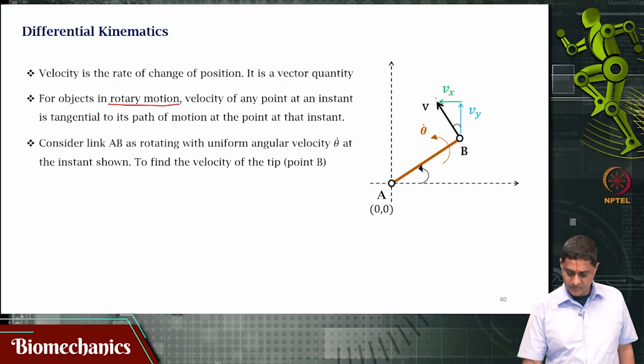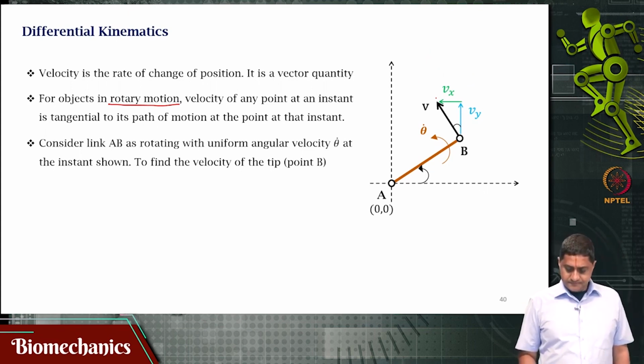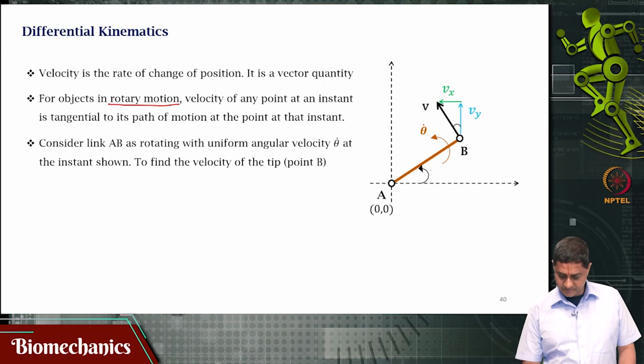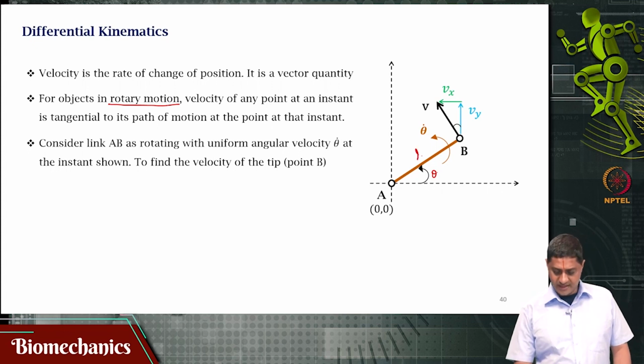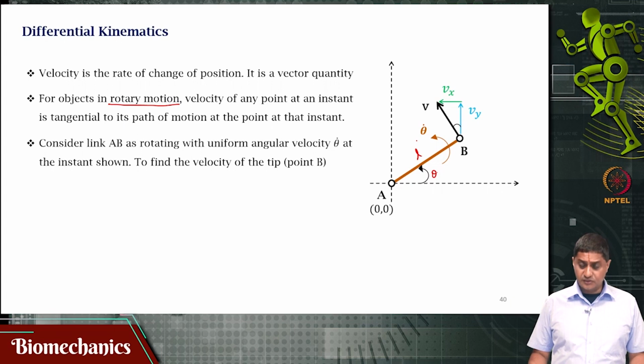Okay. Let us assume there is a single link, and the angle is theta. The link length is some L or R. It is rotating with uniform angular velocity.